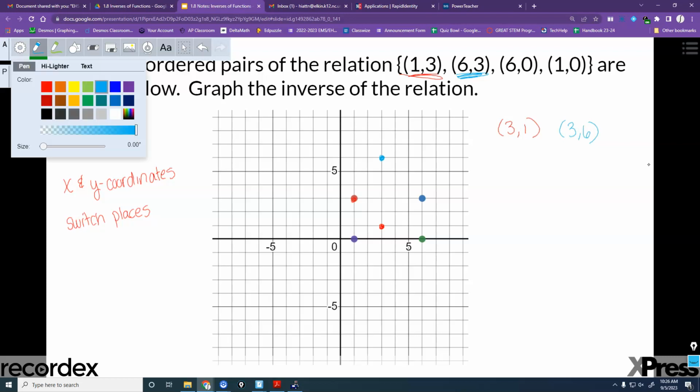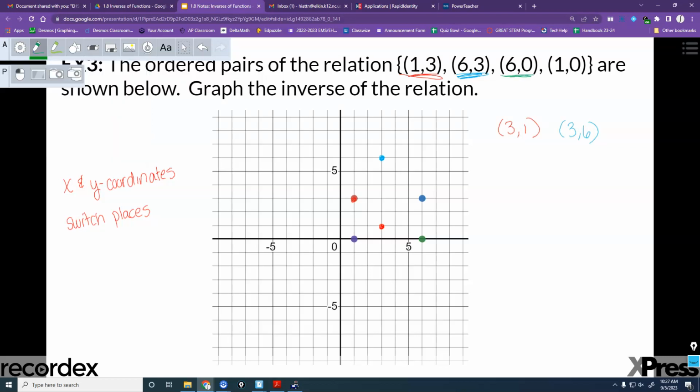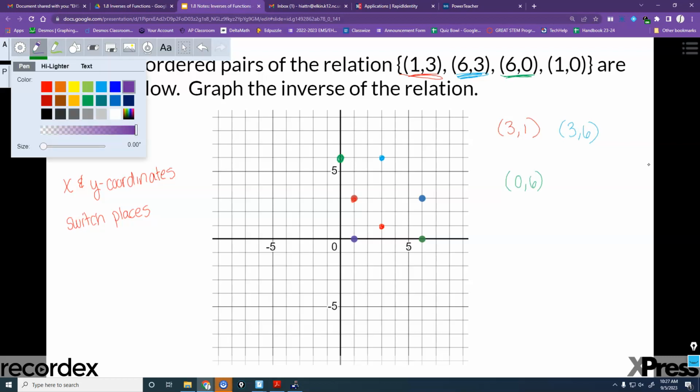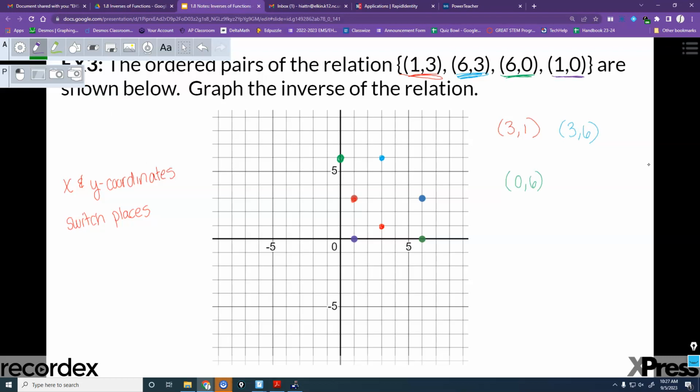Okay, let's see if I got purple. Oh wait, I need green right now anyway. Green is 6, 0, right? 6, 0 is going to become 0, 6. So 0, 6 is right here. And purple for our last one, 1, 0 becomes 0, 1.